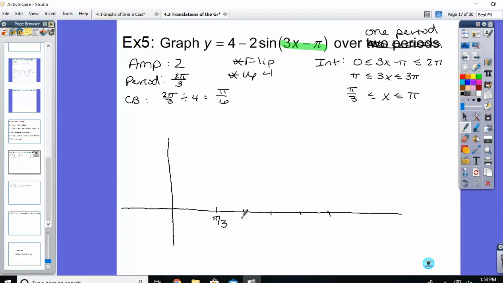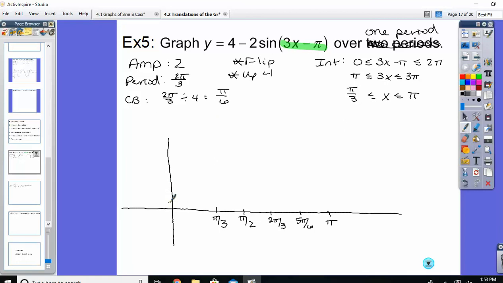So pi over 3 plus pi over 6 would be 3 pi over 6, or pi over 2. Plus pi over 6 would be 4 pi over 6, or 2 pi over 3. Plus pi over 6 would be 5 pi over 6. Plus pi over 6 is pi, which is where we said it should stop.